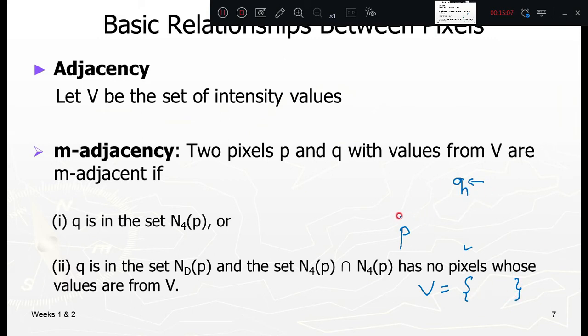Now P and Q, look at this one, this is P and Q, which has a common point, we call it an intersection point. Let us consider this is an intersecting point. This is a common point for P and Q. Yes, one more common point, this is a common point.